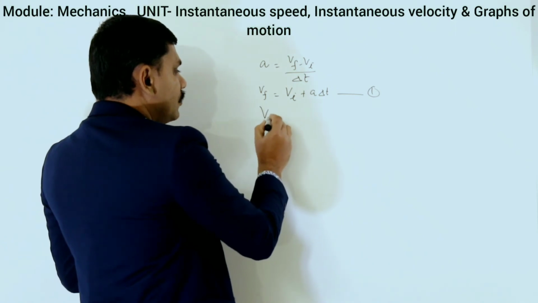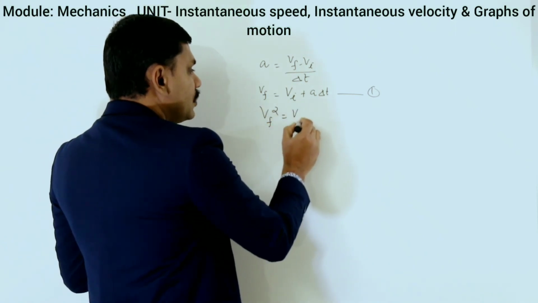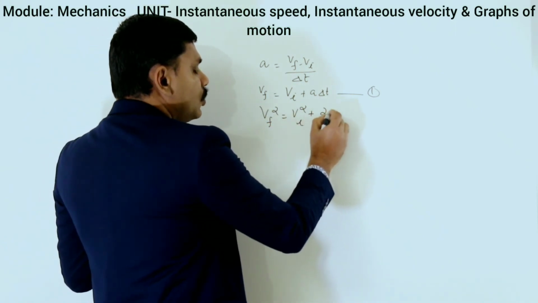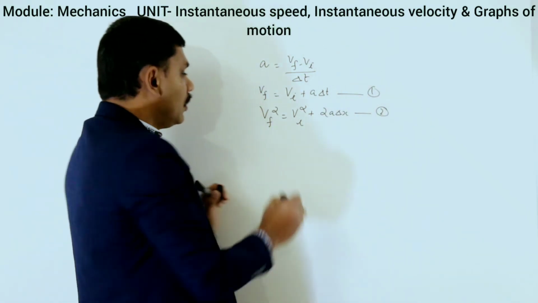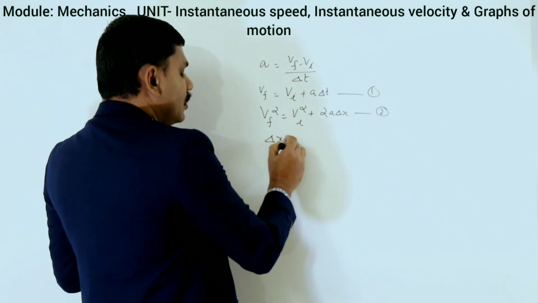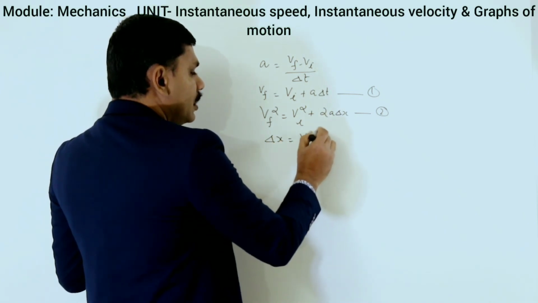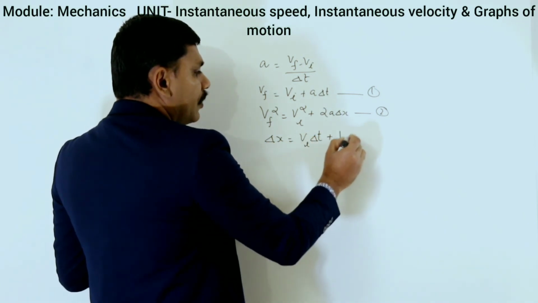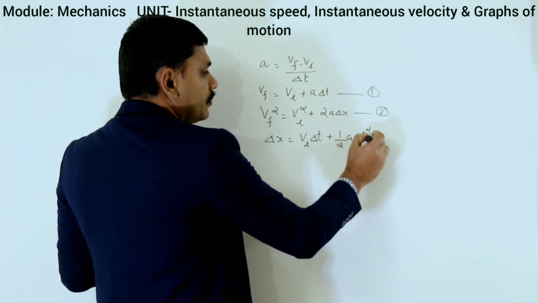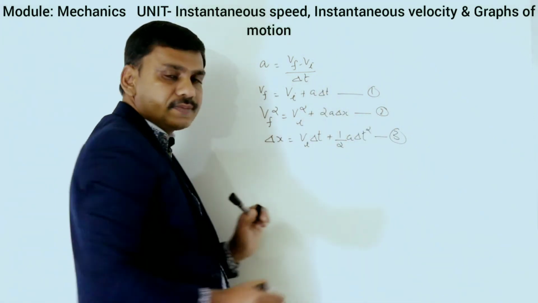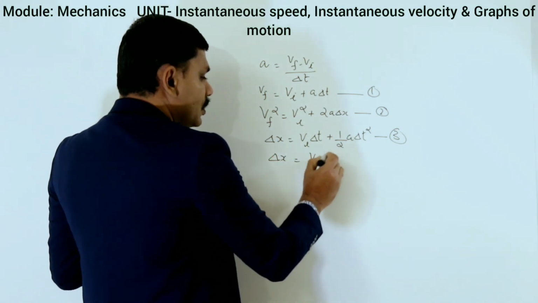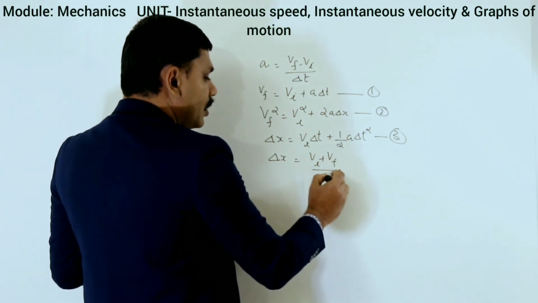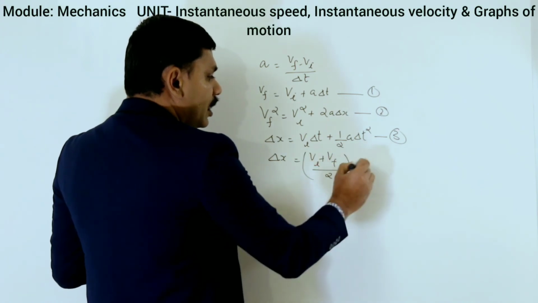The next equation is Vf square equals Vi square plus 2A delta x. That is equation number 2. Then delta x equals Vi delta t plus half A delta t square. That is equation number 3. Then delta x equals initial velocity plus final velocity divided by 2, multiplied by delta t.